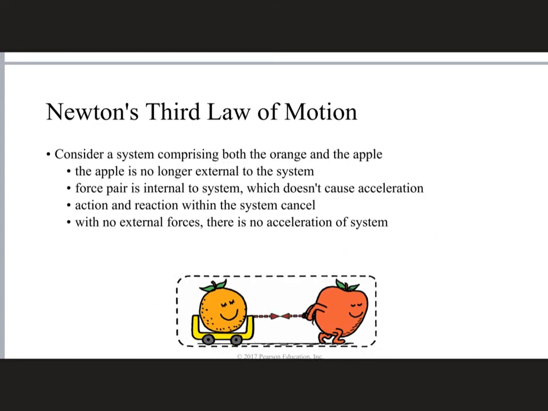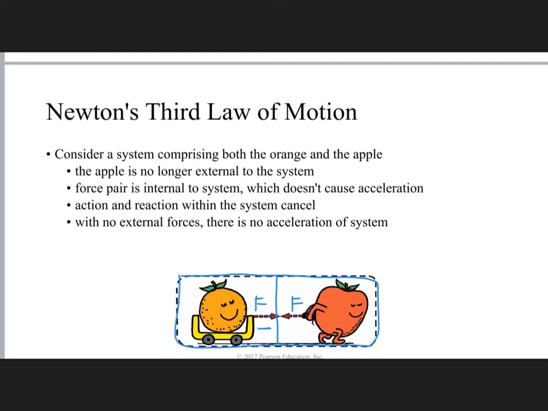But if instead we consider both the apple and the orange together as our system, then these forces are both acting on the system. If only the orange were our system, then only this force would be acting on it. But since this whole thing is our system, both of these equal and opposite forces, that force to the right and that force to the left, are going to cancel.